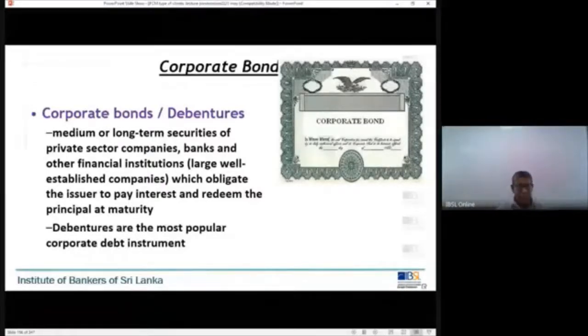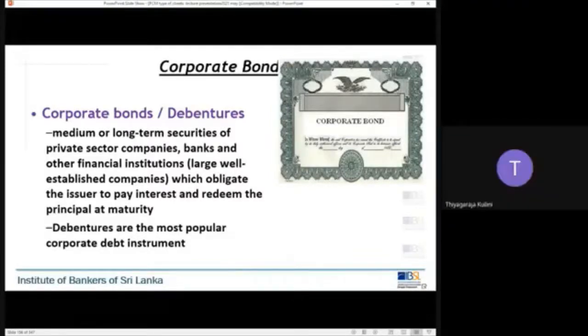Both are debt instruments. Both are capital market instruments. Both are long term, more than 1 year, that is why we call them capital market instruments. Both pay interest based on the coupon rate. So what is the difference?